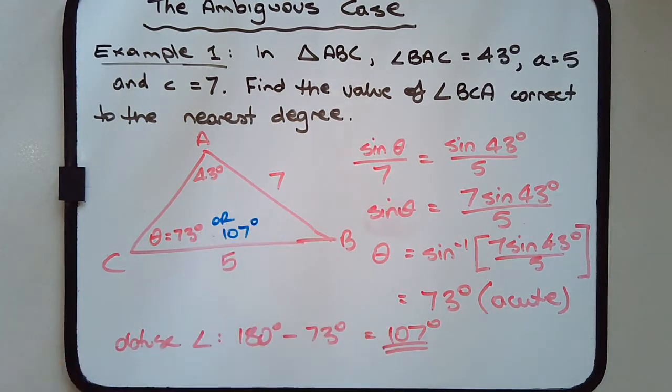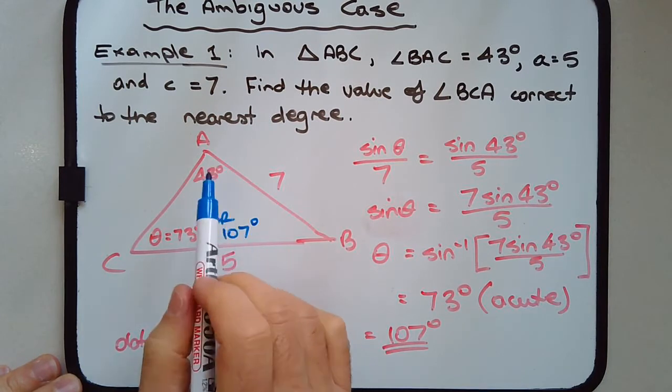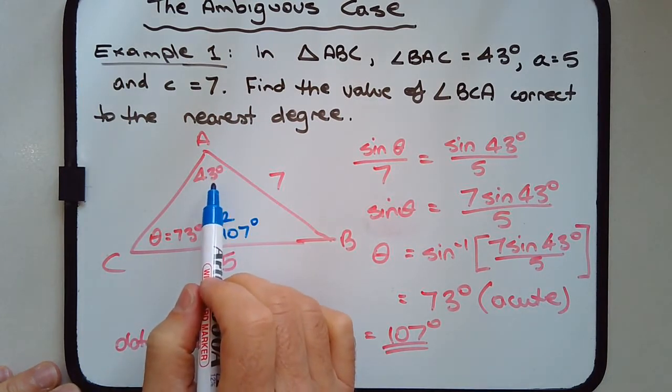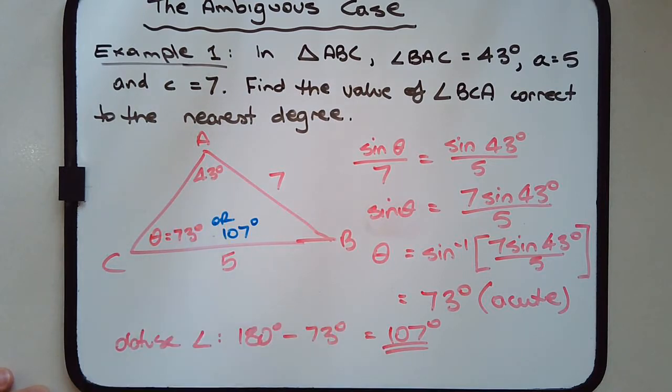We take the obtuse answer, 107 degrees, we add it to the other existing angle, which is 43, and we check to see that the answer is in fact less than 180 degrees, because we still have an angle here that still needs to be added in to make it 180 degrees.